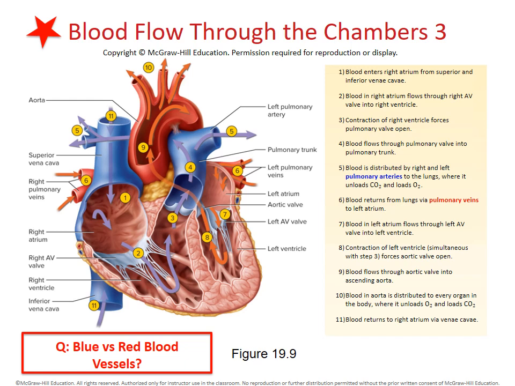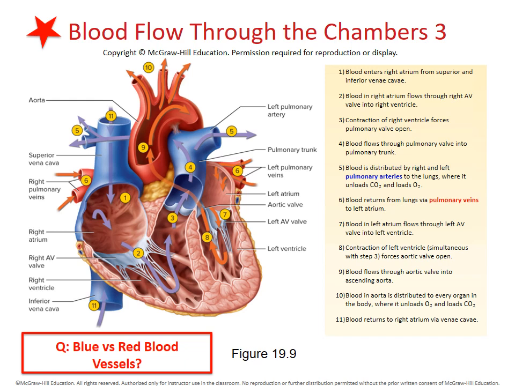Blood will flow through the vena cava and enter the heart through the right atrium. From the right atrium, our next step will be to pass through our right AV valve, also called our tricuspid valve, and go into the right ventricle.